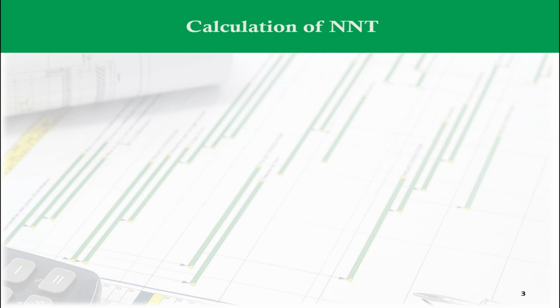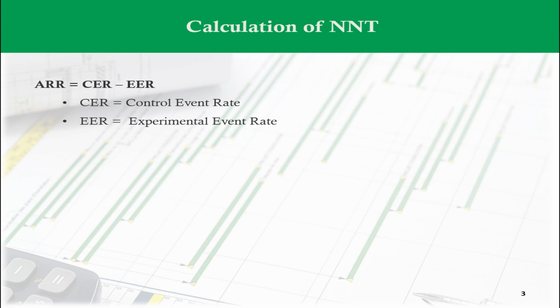Calculation. The number needed to treat is the inverse of the absolute risk reduction, the ARR. The ARR is the absolute difference in the rates of events between a given activity or treatment relative to a control activity or treatment, i.e., the control event rate, CER, minus the experimental event rate, EER, or ARR equals CER minus EER.